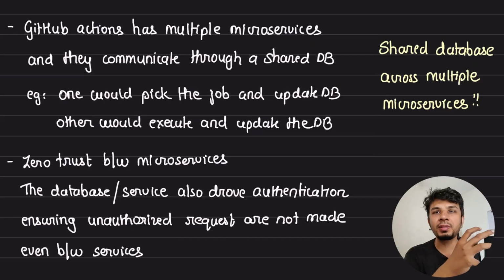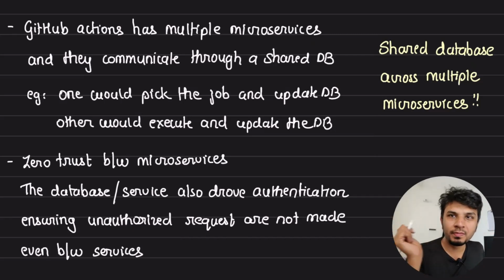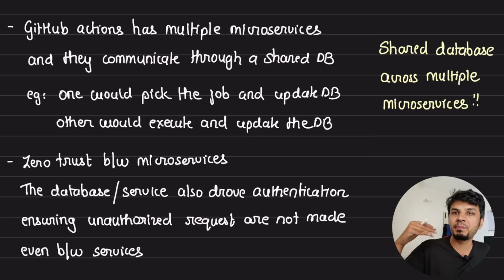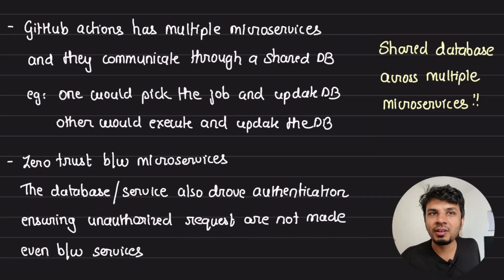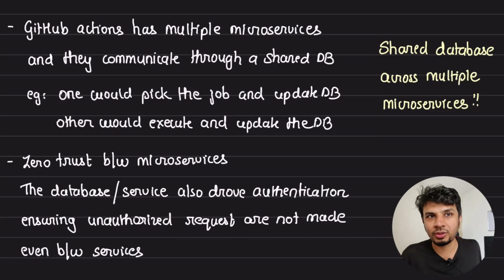Imagine some random service gone rogue, or an engineer gone rogue in a different team, and started invoking APIs of this notification service, which started sending messages to your end users. Very poor experience, right? So in most cases, microservices are designed with zero trust. With zero trust, they ensure that even when a service wants to communicate to any other service, it needs to be authenticated and authorized to do that.